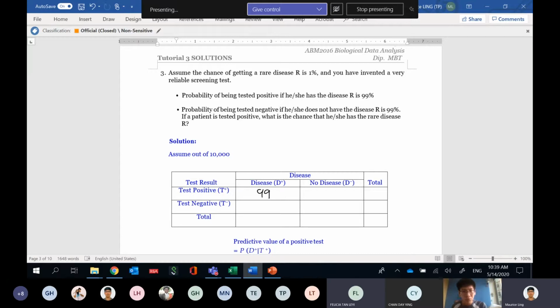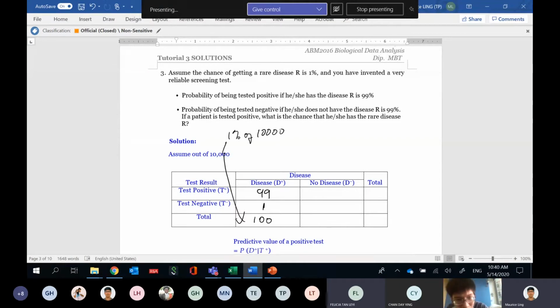All right. Then how about without disease? 1%. No, that's the negative is 1%, right? So here will be 100. Okay, because it's actually 100 because this number is 1% of 10,000.